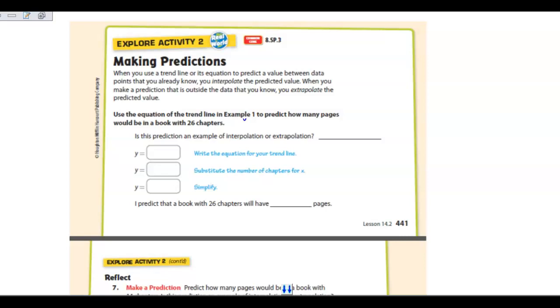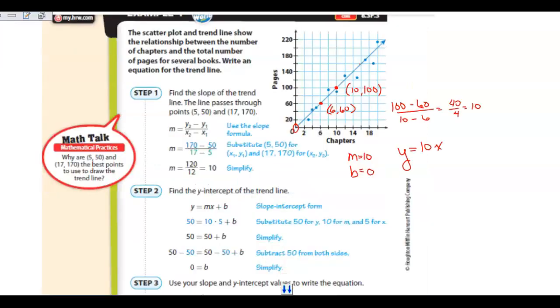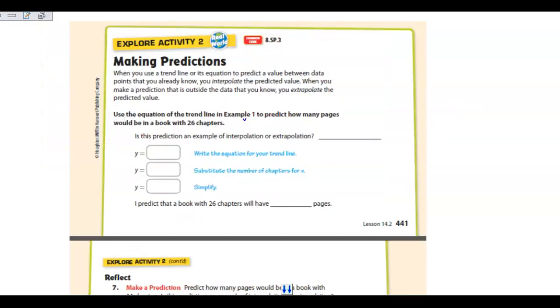So we're going to use the equation of the trend line from example 1 to predict how many pages would be in a book with 26 chapters. So let's go back and get that equation. Okay, so we had the equation y equals 10x. That was our equation that we had for our trend line.